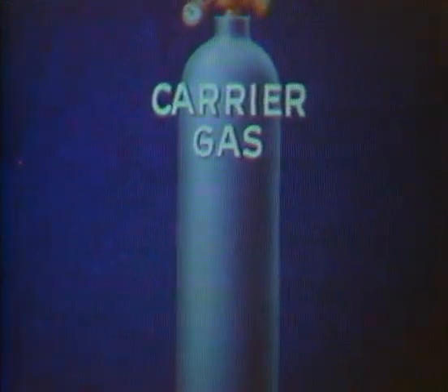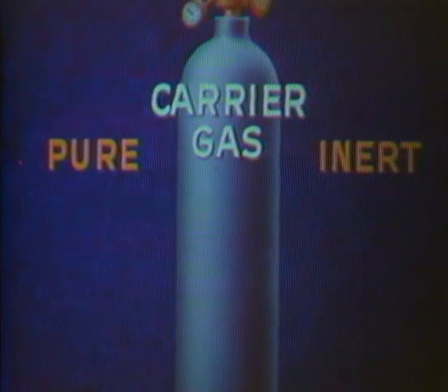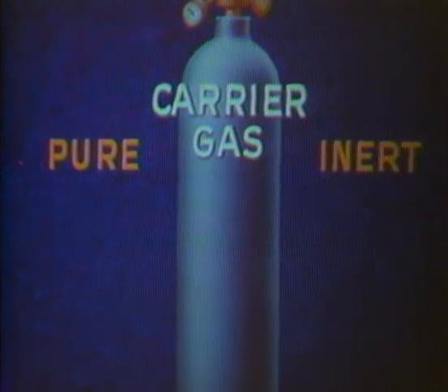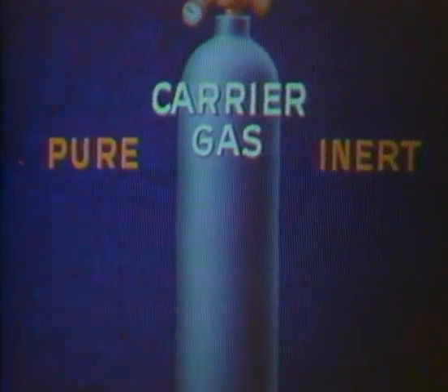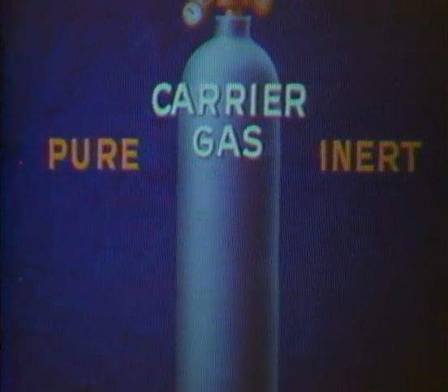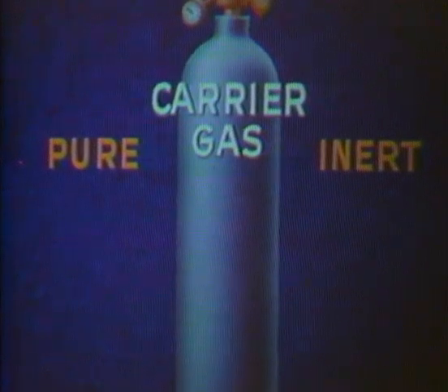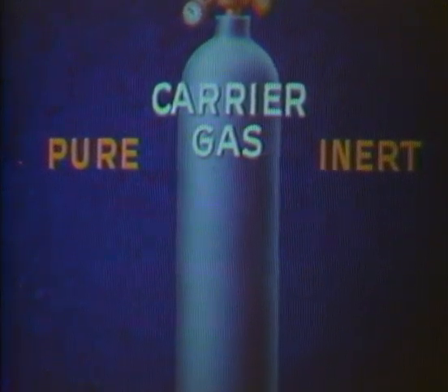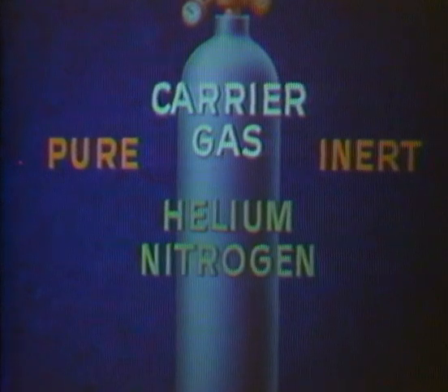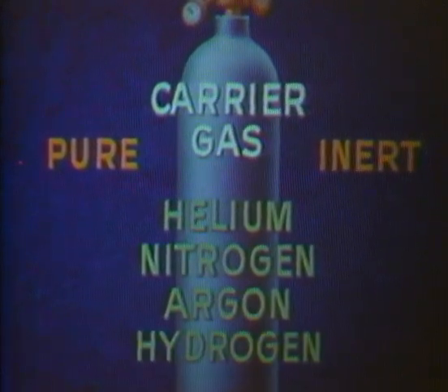The carrier gas should be pure and chemically inert with respect to the sample. High-density gases give slightly better column efficiency, while lighter gases provide speedier analyses. But the choice is usually determined by detector requirements. The most commonly used gases are helium, nitrogen, argon, and hydrogen.